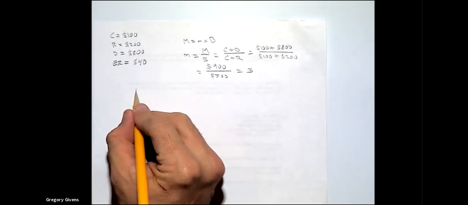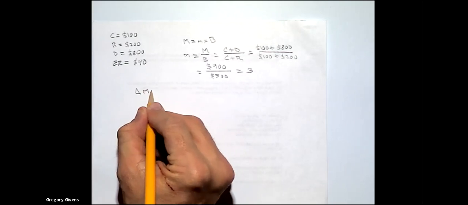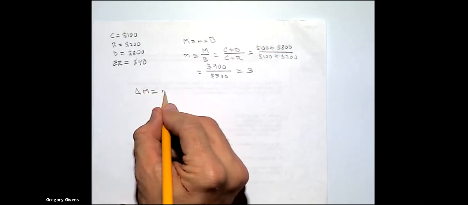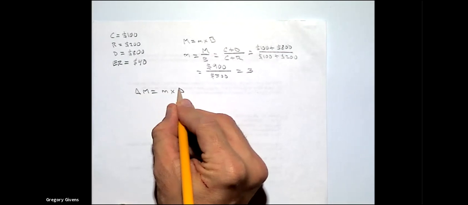How many of you got to that step? Got it right? Okay, good. We're on the right path then. We now actually have all the information we need to figure out what happens to the money supply. The change in the money supply should simply be the money multiplier times the change in the monetary base.